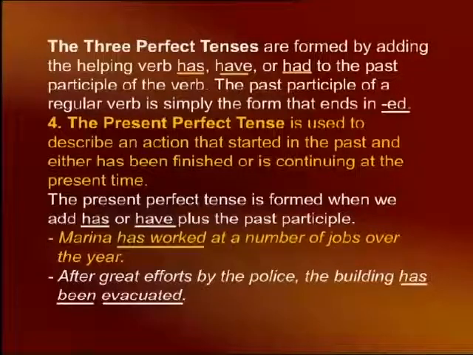That's the first of the three perfect tenses. This is used to describe an action that started in the past and either has been finished or is continuing at the present time. The present perfect tense is formed when we add has or have plus the past participle. Example, Marina has worked at a number of jobs over the year.